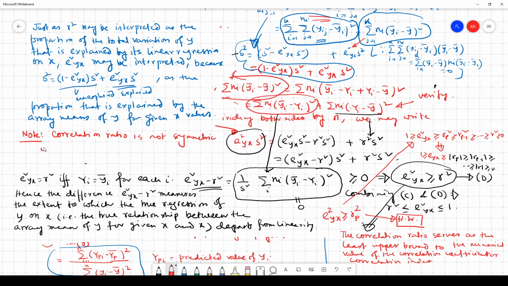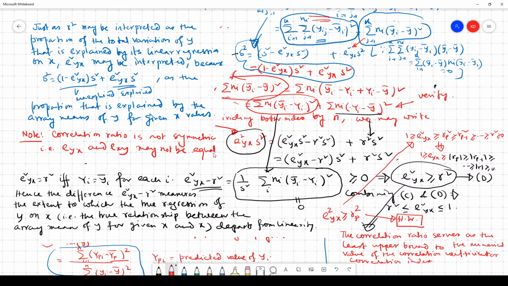That is, eyx and exy may not be equal, but we already observed that the correlation coefficient is symmetric. That is rxy equals ryx.